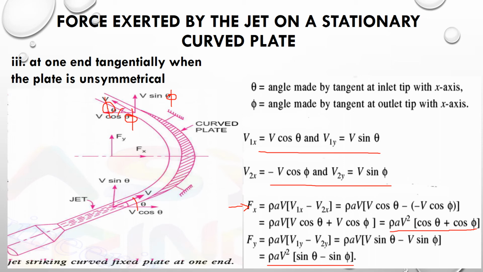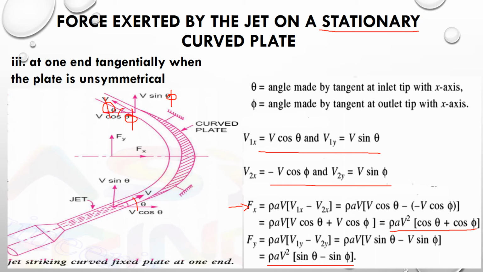So in impact of jet, we have discussed only the stationary cases, that is, the plate is stationary, and different cases related to the stationary plate. First we considered the vertical stationary plate.